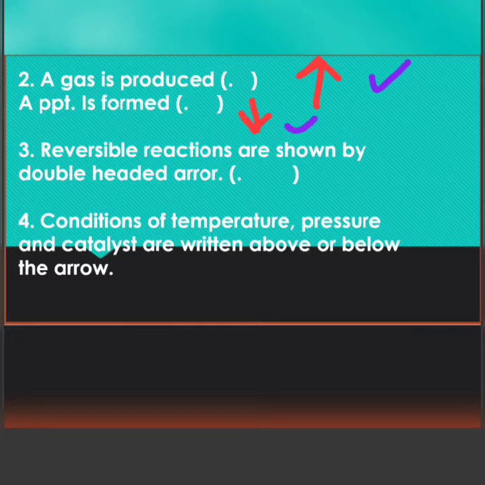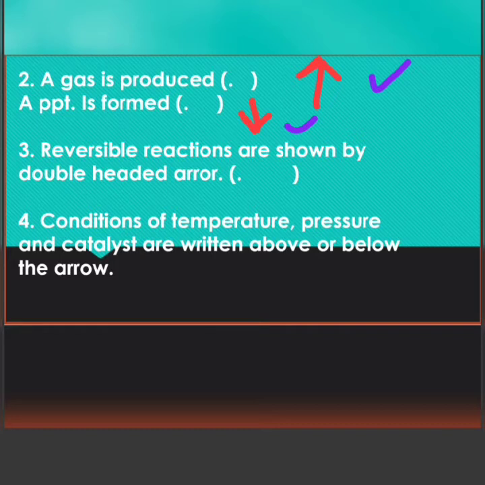You can consider the reaction of barium chloride and sodium sulfate. Which precipitate will be formed in this reaction? Can you tell me? We have already done this reaction. Yes, barium sulfate. So for barium sulfate, we can show this precipitate by downward arrow.